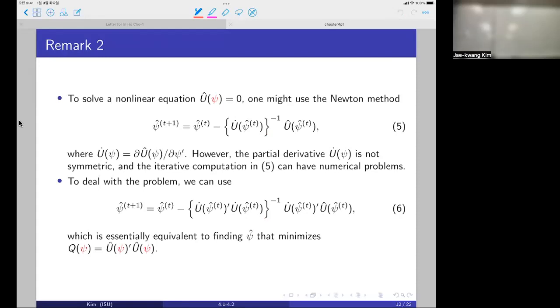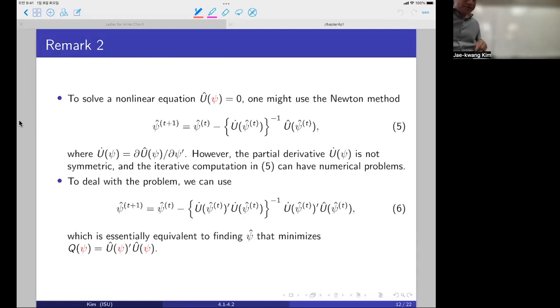What is guaranteed in theory is that at the solution, in the limit, it is non-singular. And why do we have such a numerical problem? Well, first of all, this is not symmetric.